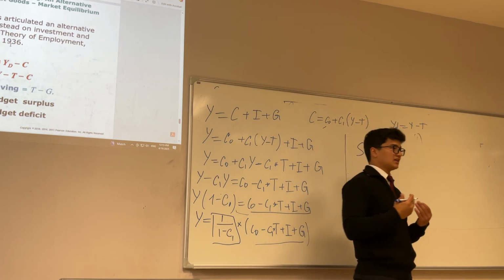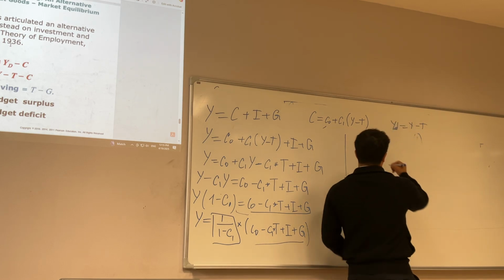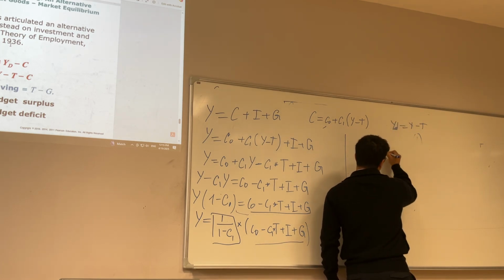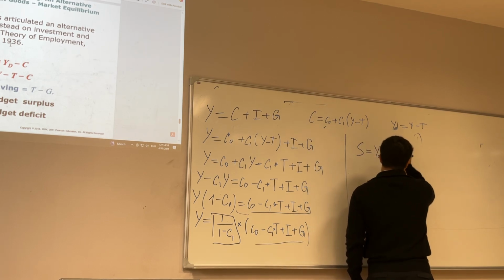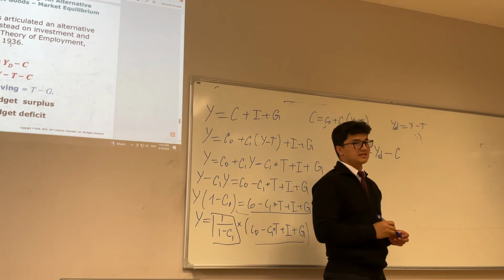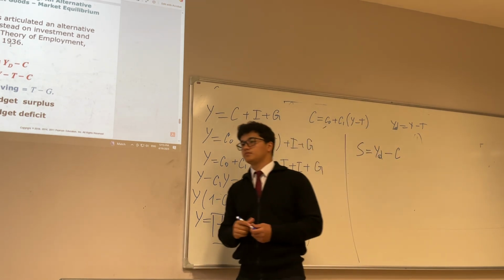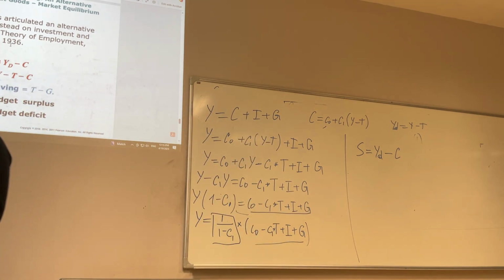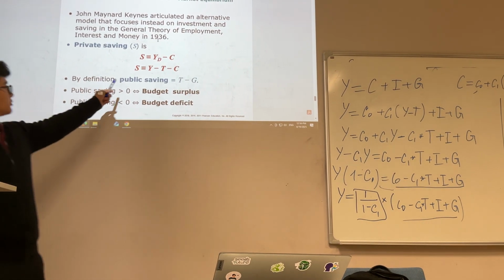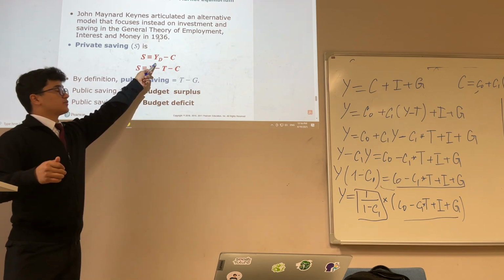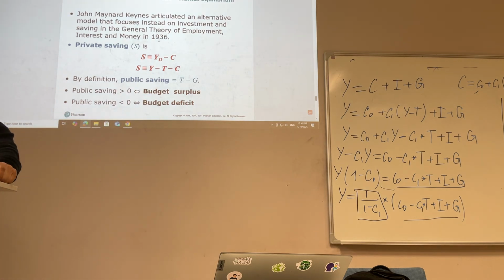That's our savings, right? YD, our income minus our consumption, that will be our saving. And they're expanding the formula YD, you know, Y minus T. They're just expanding this one.